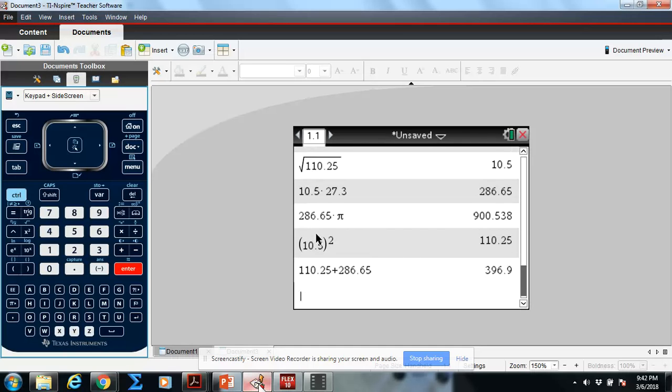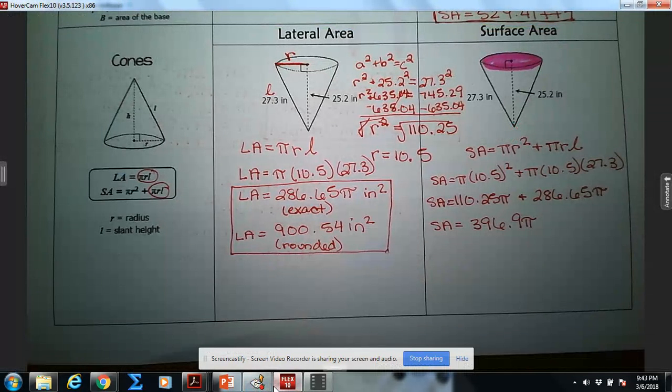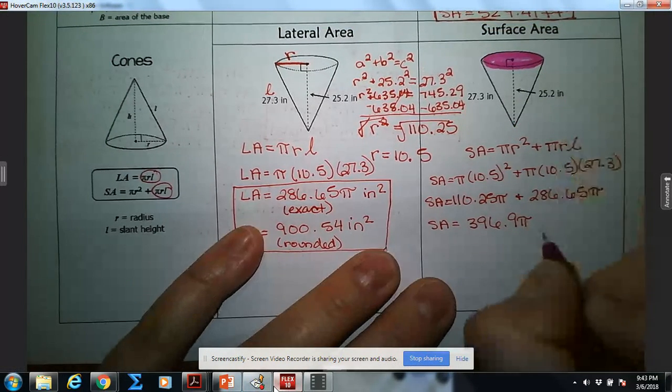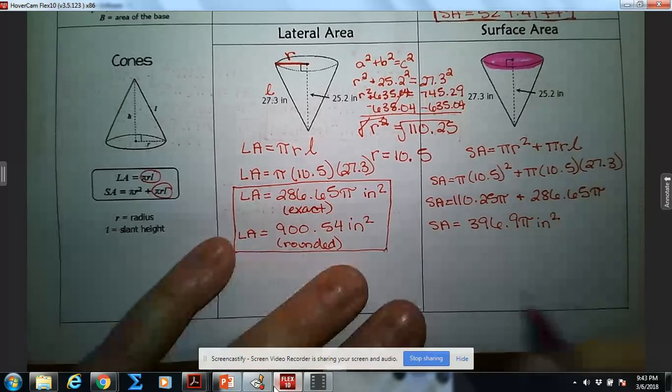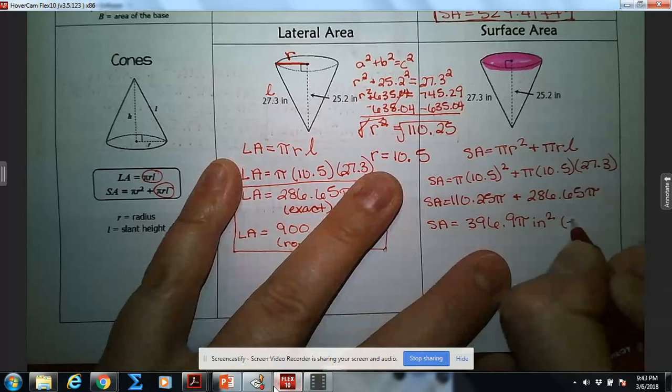Total surface area in exact format is 396.9 pi, and we're measuring in inches squared. That is our exact value.